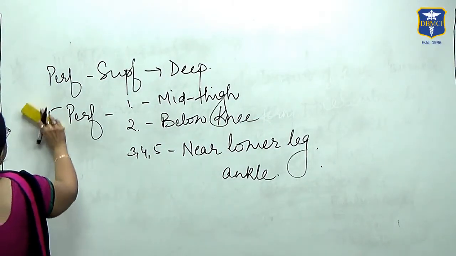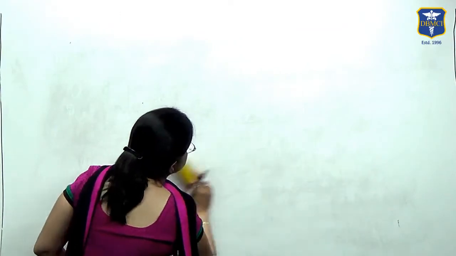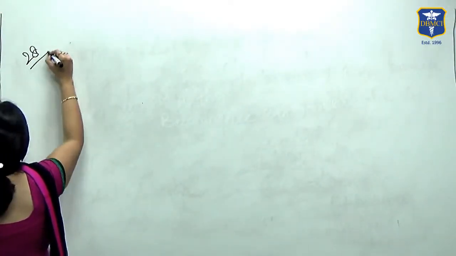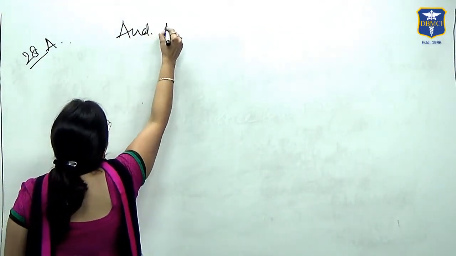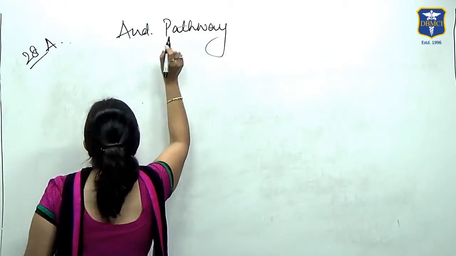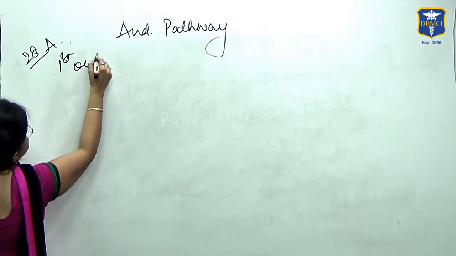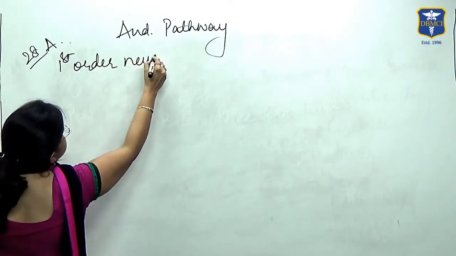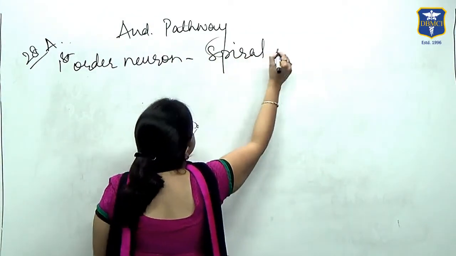Coming to question 28, the answer is A. Let us see the auditory pathway. The first order neuron is the spiral ganglion.